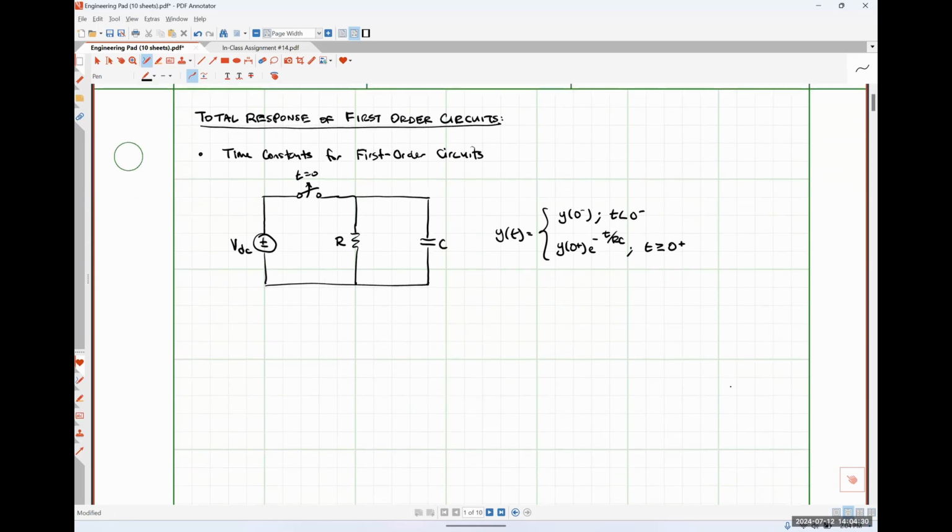And we learned that in an RL circuit, so I'll just draw a simple one of those really quickly. That's going to be VDC.